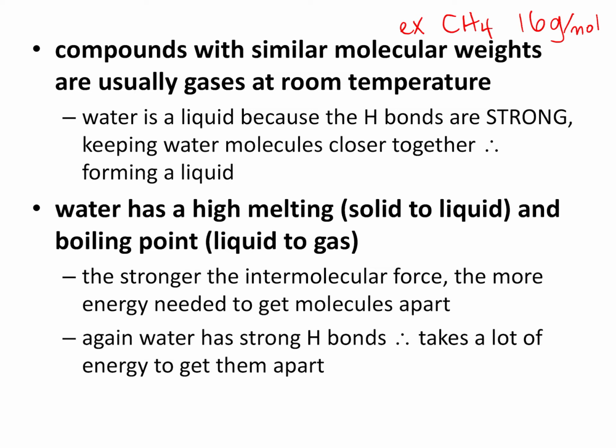And the stronger the bond, the more energy it takes to get it apart, which leads into water having a high melting point and boiling point. The stronger the intermolecular force, the more energy needed to get molecules apart. Because water has strong hydrogen bonds between molecules, it takes a lot of energy to get them apart.